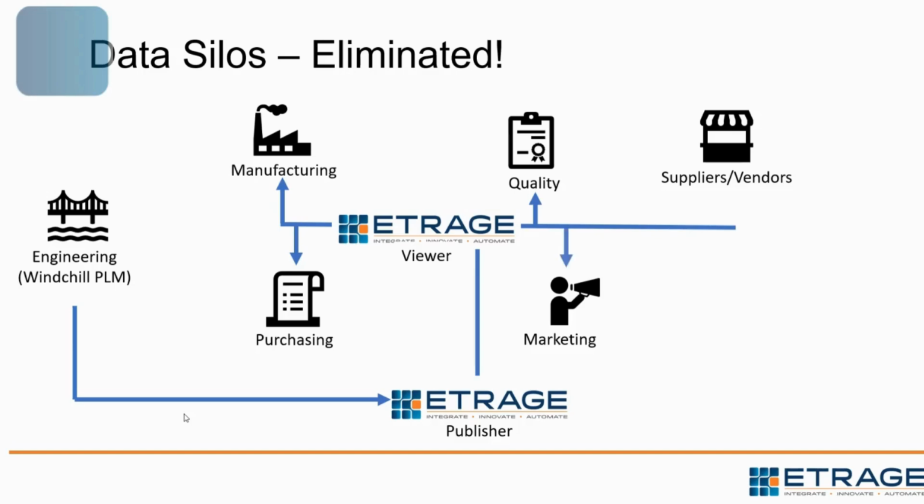You can even have marketing just go in there if they just need, for example, a model, maybe a native CAD file or a step file if they want to create a product rendering before the product is released and manufactured. They can just go in there and start pulling that data without having to email engineering or designers back and forth to say, hey, can you please send me the latest model to create a product rendering off of, right?